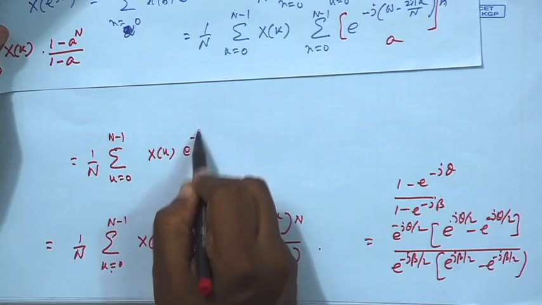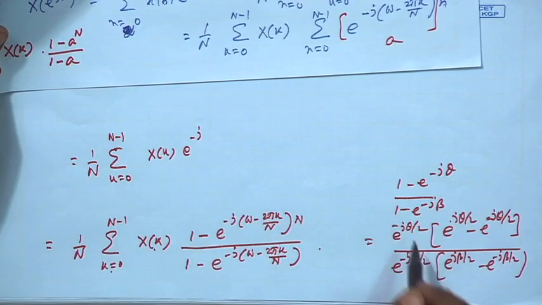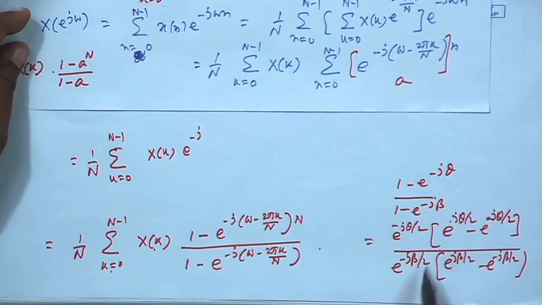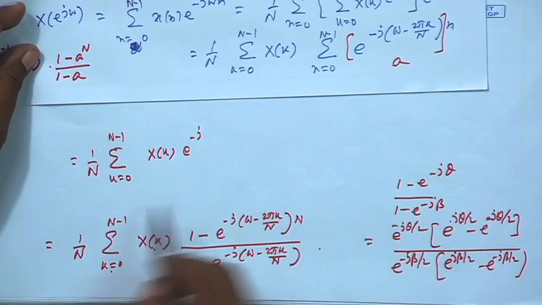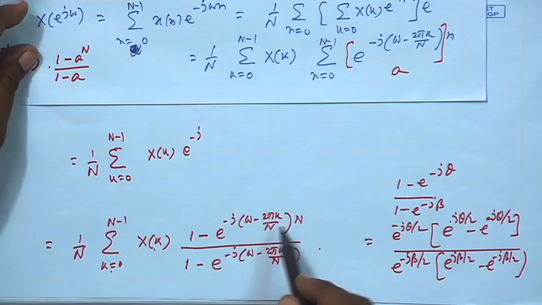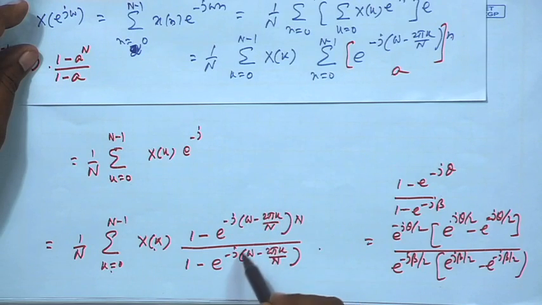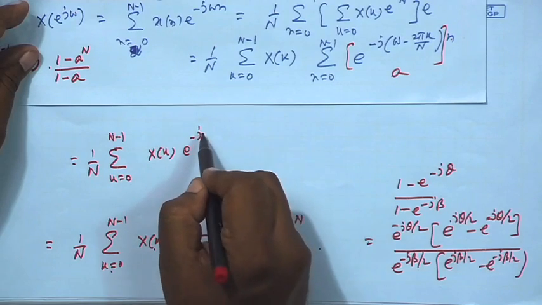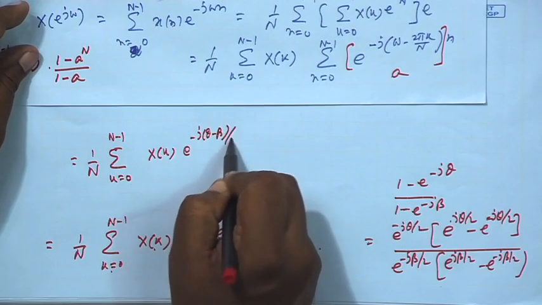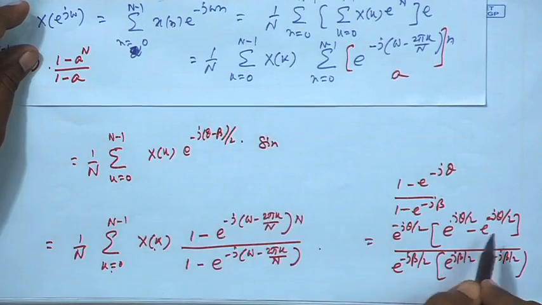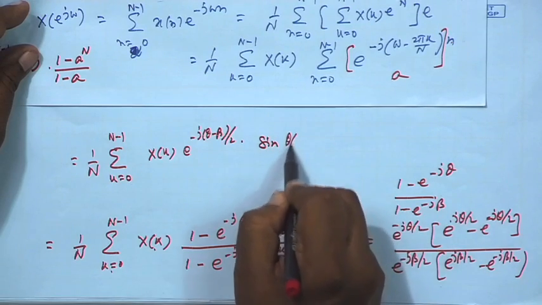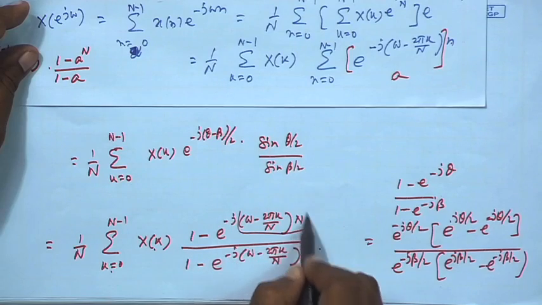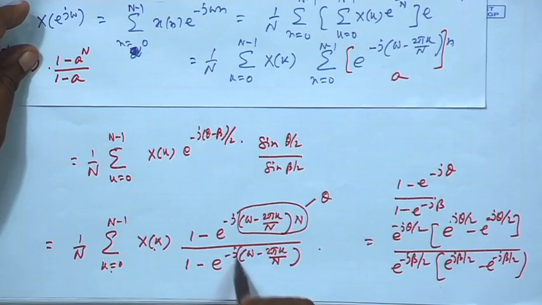E to the power minus j (theta minus beta) by 2, okay. So, this much was theta and this much is beta, that by 2, into sin theta by 2 by sin beta by 2, where theta is this much, this is theta, this much is beta.